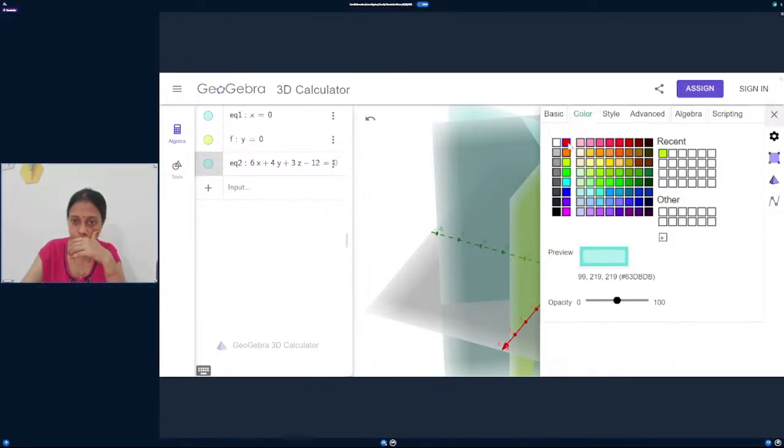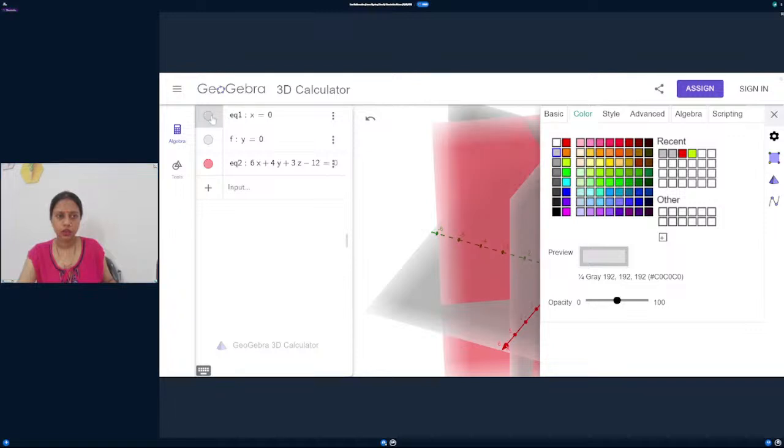Let me give it a different color, red one. Okay, and let me give all the others as just the gray, so that the red part is highlighted.